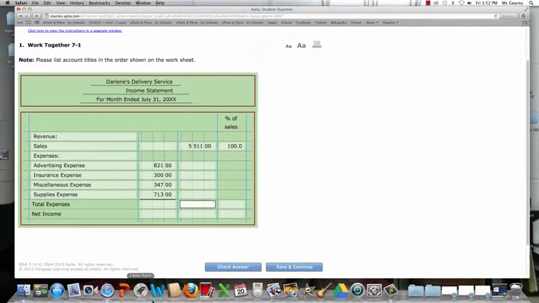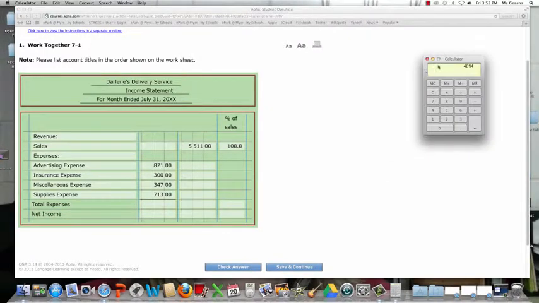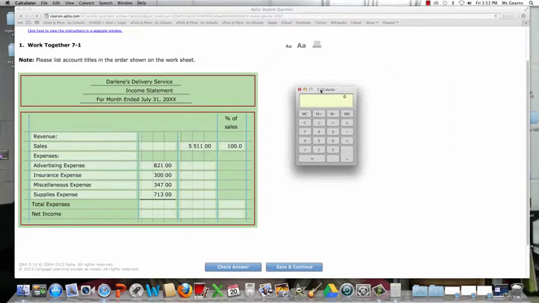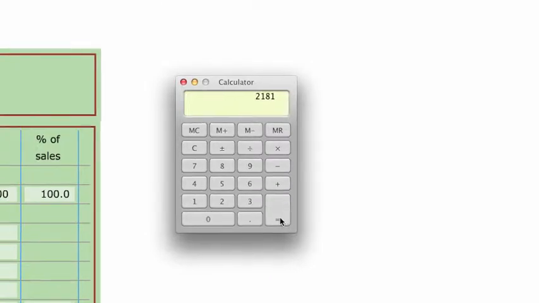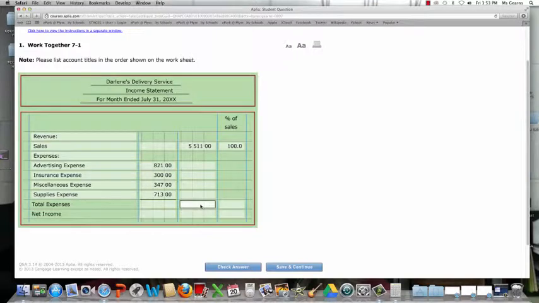So I'm going to get my calculator and I'm going to add up my expenses. 821 plus 300 plus 347 plus 713 equals 2,181. Now to figure my net income, I'm going to take this number and subtract it from my sales, because this is the money we made from sales.